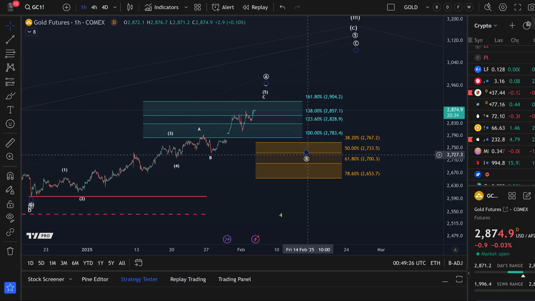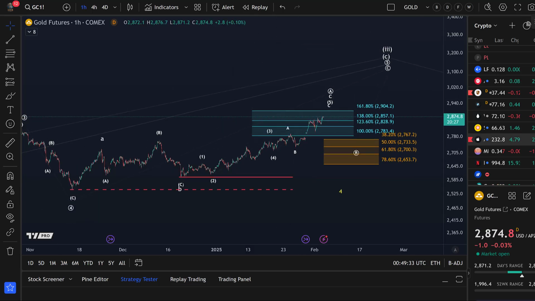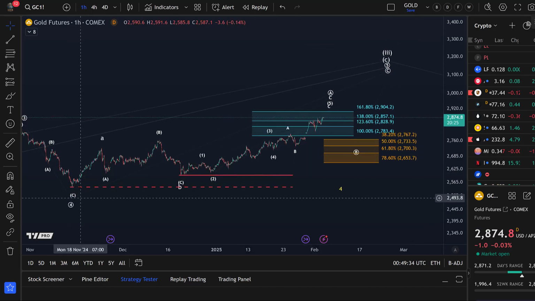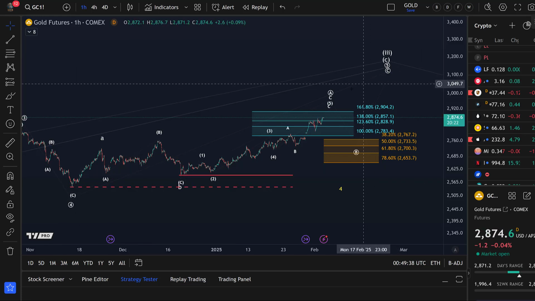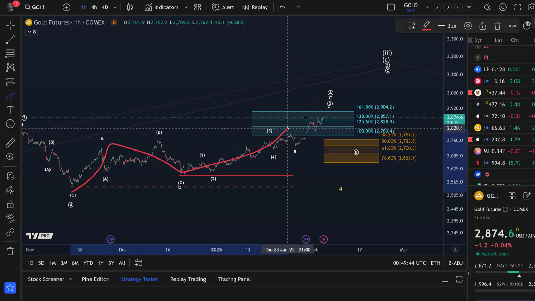Now, because we're going so high, I've been looking for alternative bullish scenarios. The idea is obviously that this 5th wave, which started in November, is an ABC structure. We talked about that. Now, was this A, B, C? This is not yet high enough for all of wave 5, so it could just be an A wave.